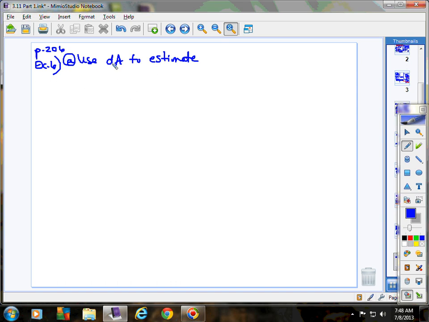And aren't differentials estimates? Right? It's the deltas that are the true values, but it's the d whatevers that are the estimates. Like a dy would be an estimate. So an estimate, and then right 2 words later they have the word estimate. So those really go together. Use dA to estimate as if we could do much else with it. To estimate the increase in the circle's area A.